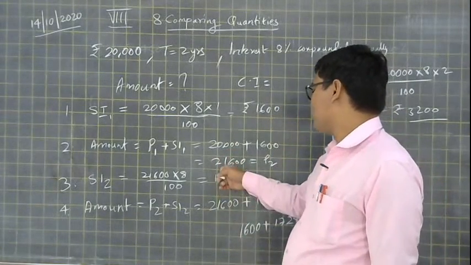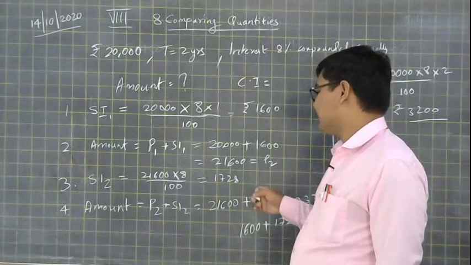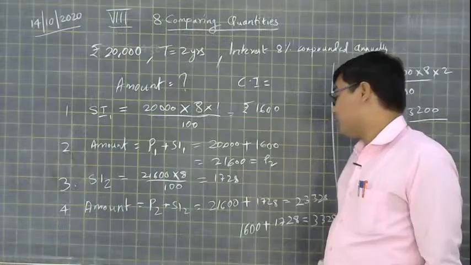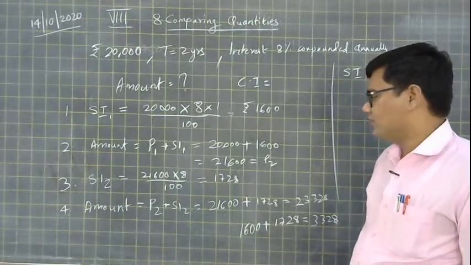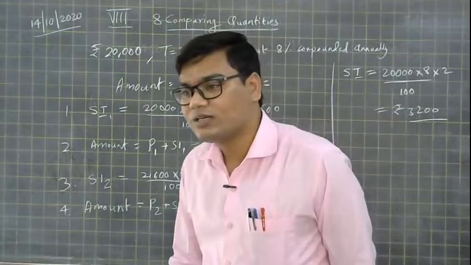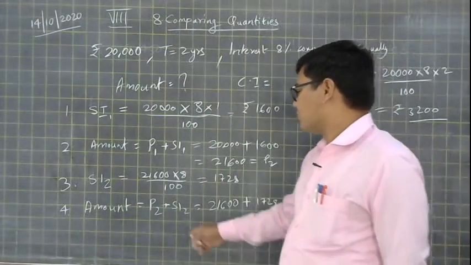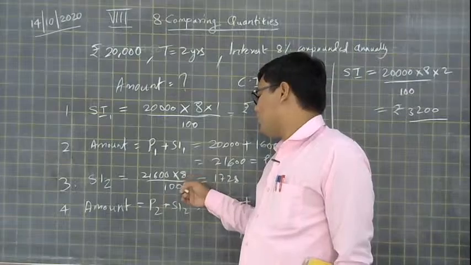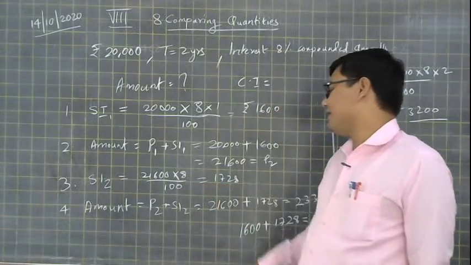So the amount is 21,600. Now this 21,600 will act as the principal for the second year. So SI2 is 21600 into 8 upon 100, which is 1728.